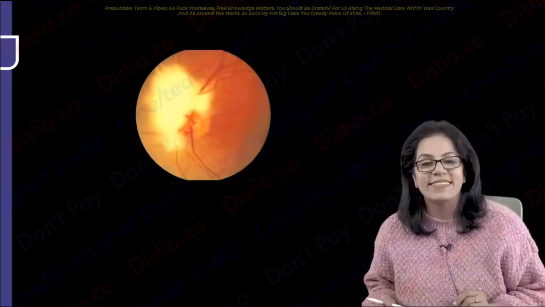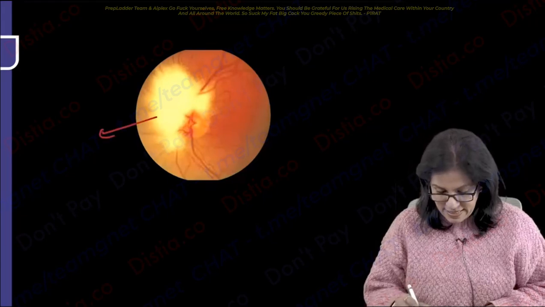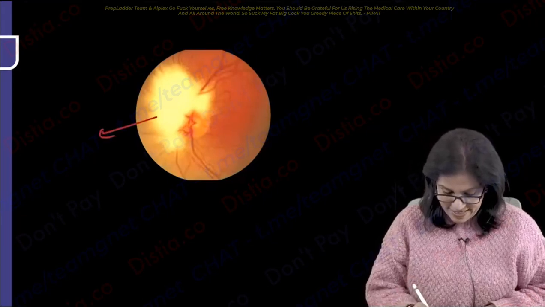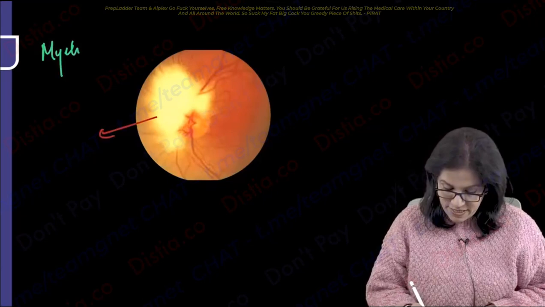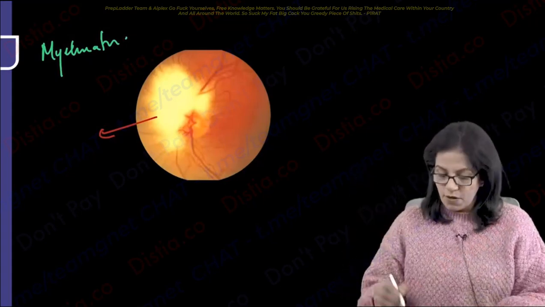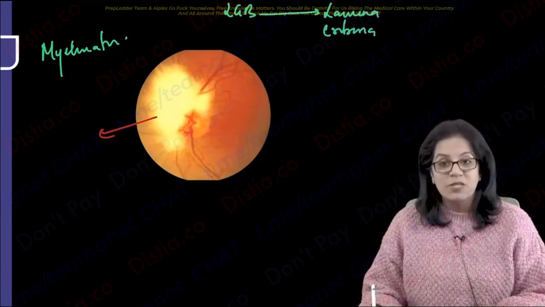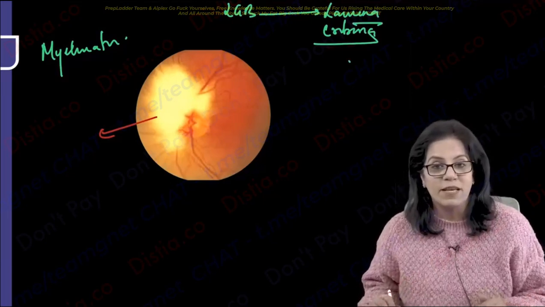What are you looking at now? If you look, these are myelinated nerve fibers. Now we need to learn a little bit here. Myelination of the optic nerve starts from the lateral geniculate body and moves anteriorly till the lamina cribrosa. First of all, you remember this. So it has to stop at the lamina cribrosa.